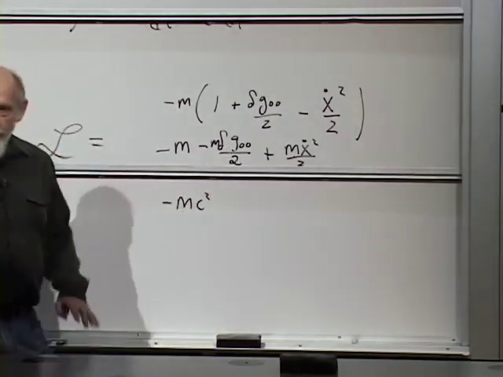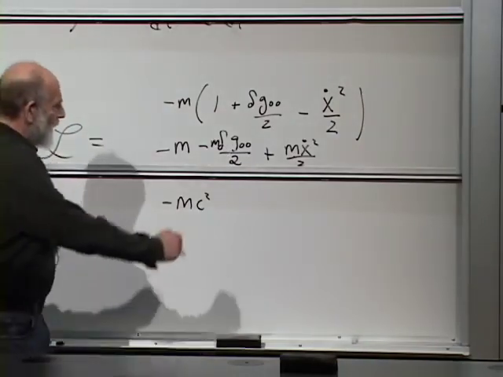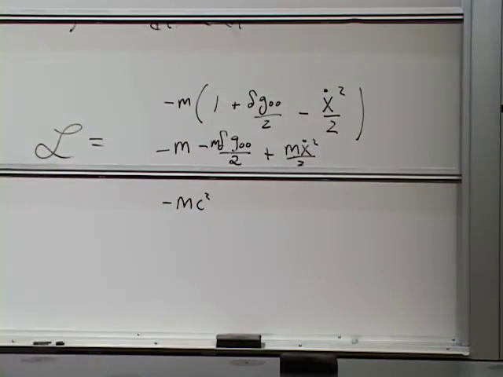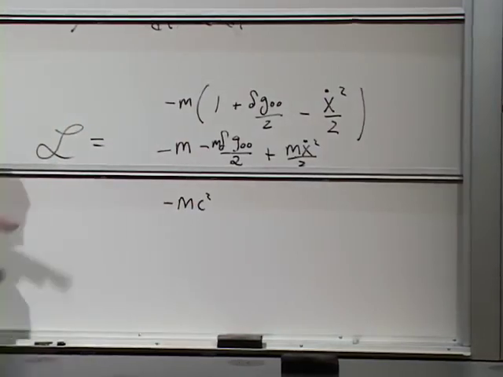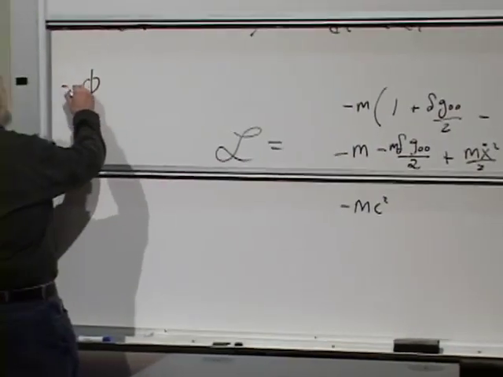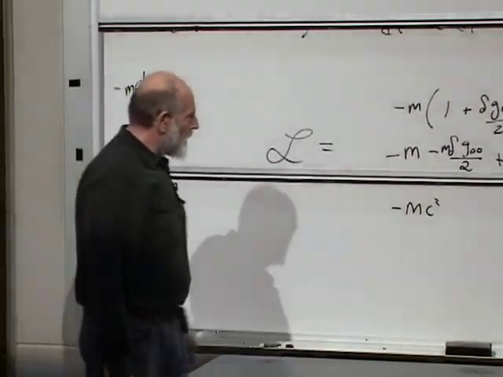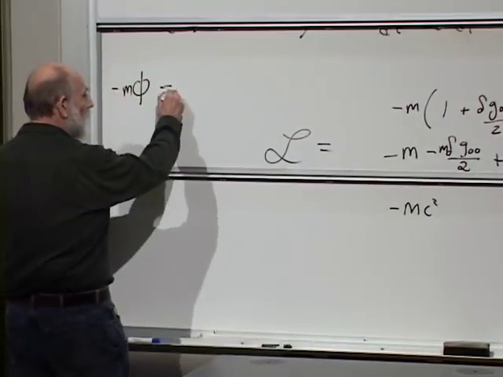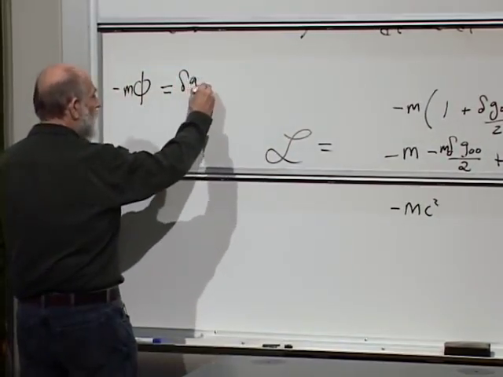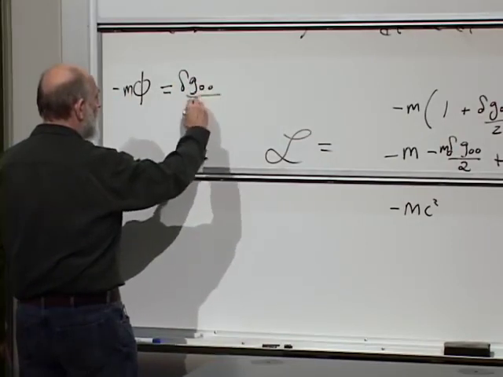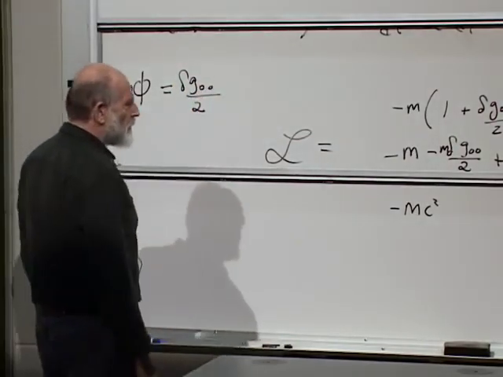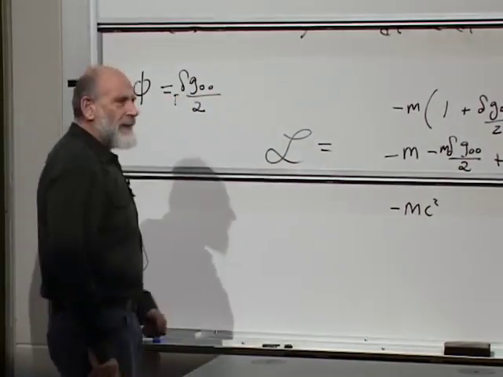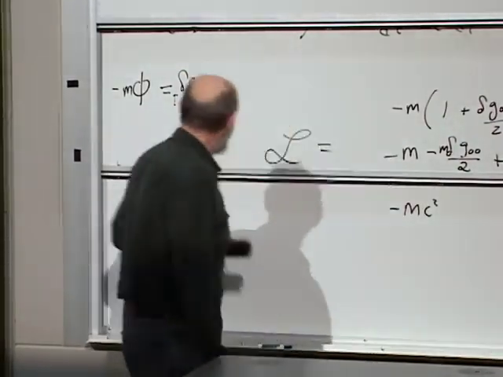It's the potential energy, but now we come back to something familiar, the gravitational potential. So minus m times the gravitational potential is just delta g naught naught over 2. Minus or plus? I think with a minus if I remember. I always lose track of the sign.